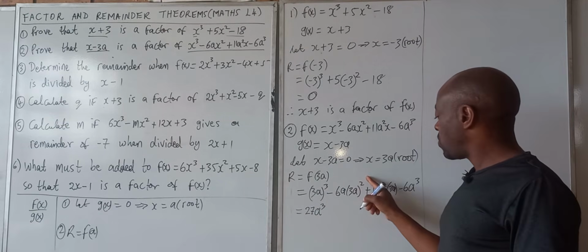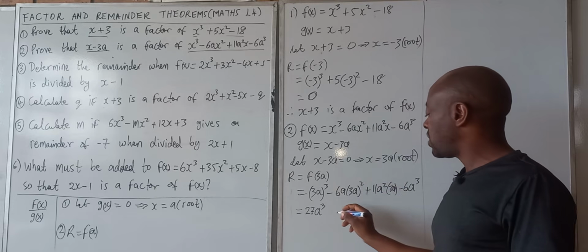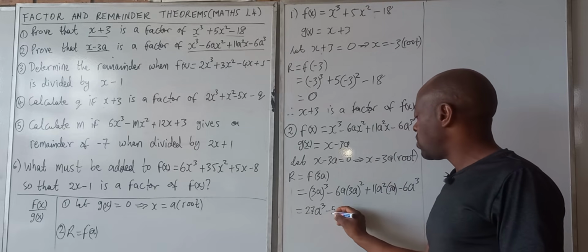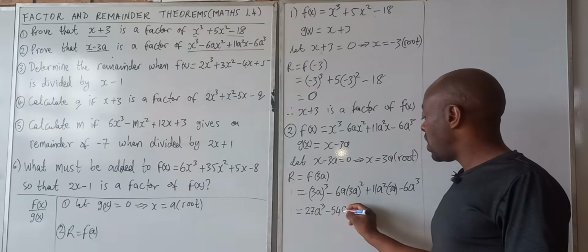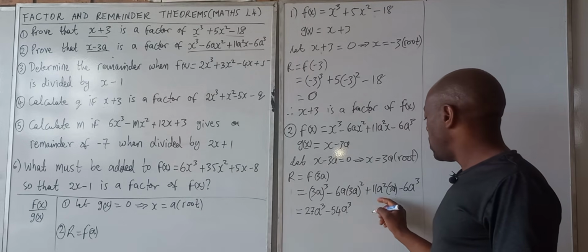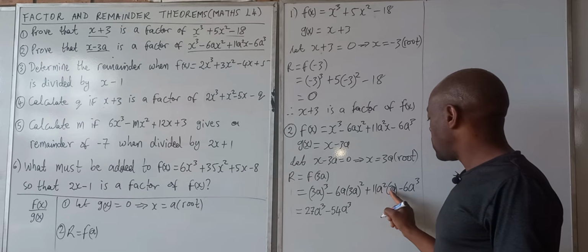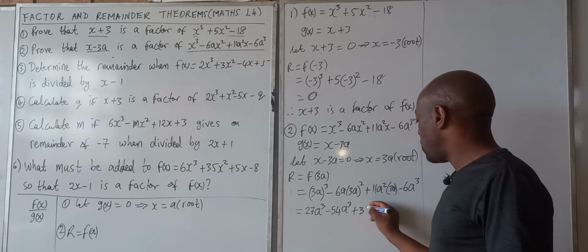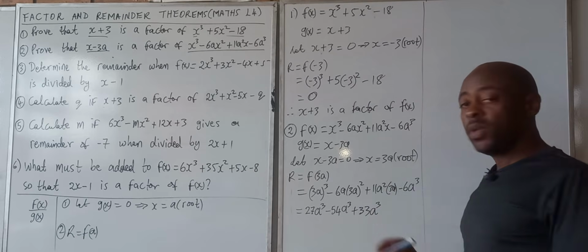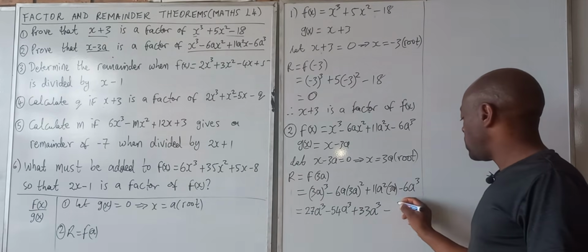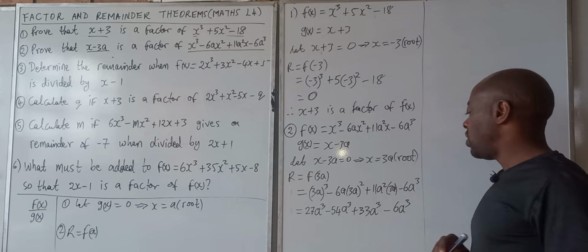Then 3 squared is 9, 9 times 6 is 54. So I've got negative 54, a squared times a gives me a cube. Then 11 times 3 is 33, a squared times a gives me another a cube. Then finally minus 6a cube.